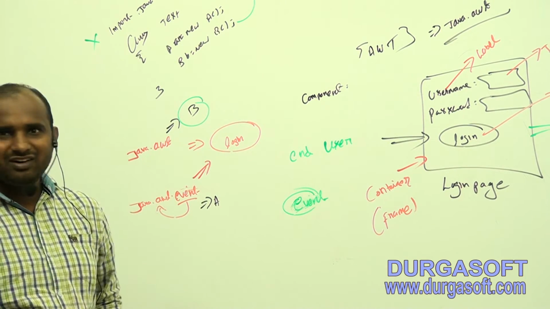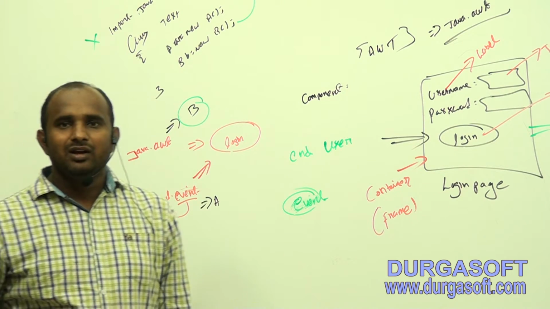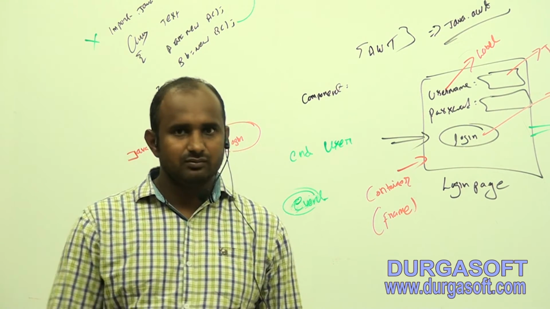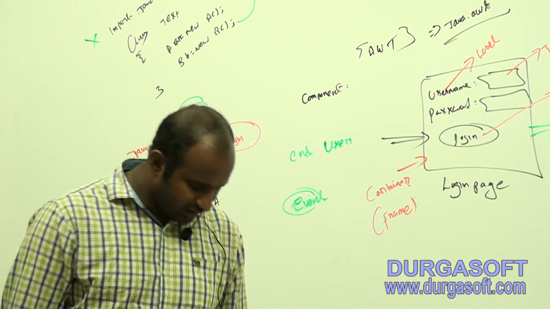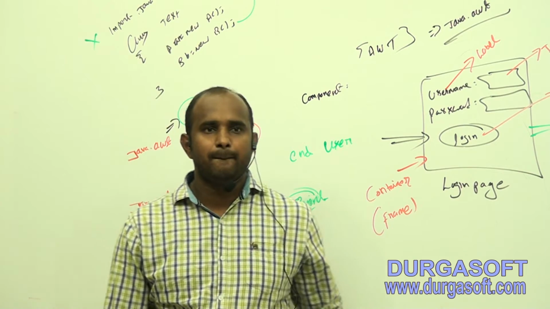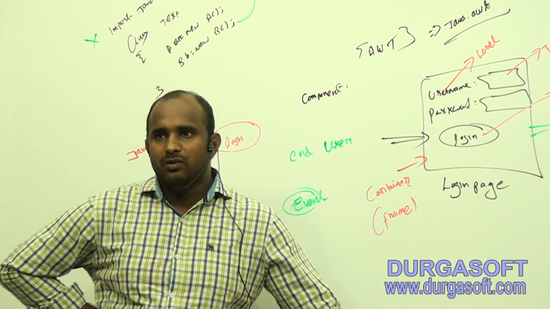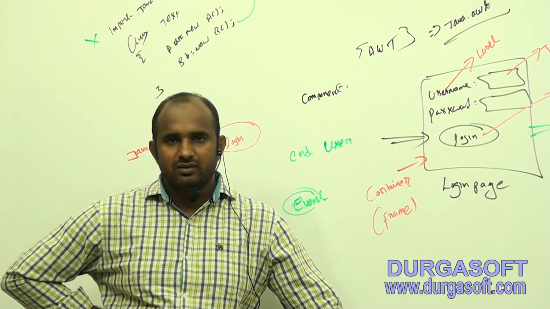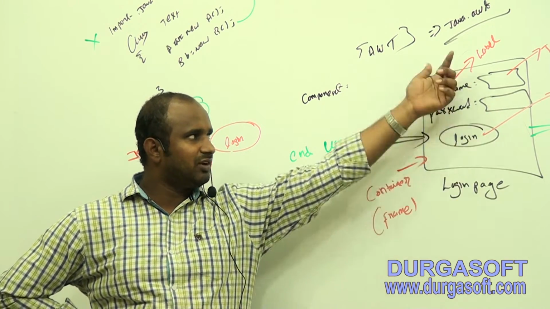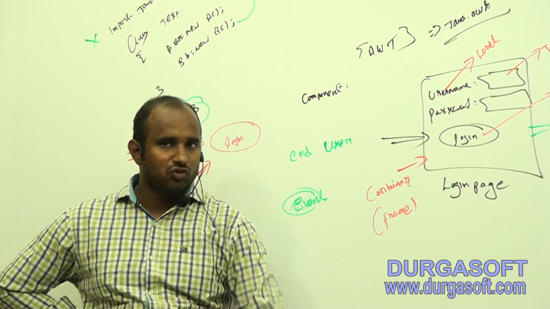And one more disadvantage regarding AWT: AWT components are platform dependent. They are heavyweight components. AWT components being platform dependent means that when we develop an application, the graphical user interface varies from operating system to operating system.